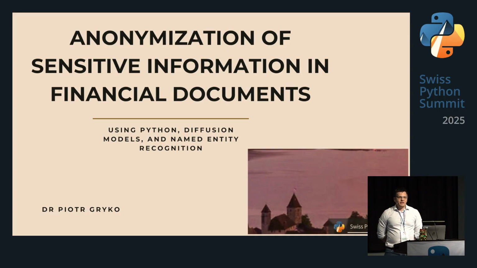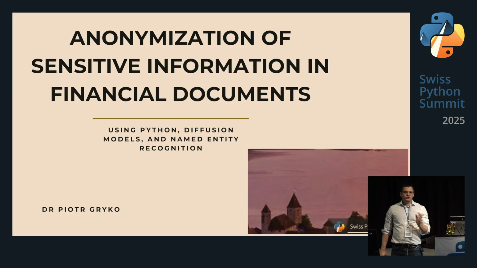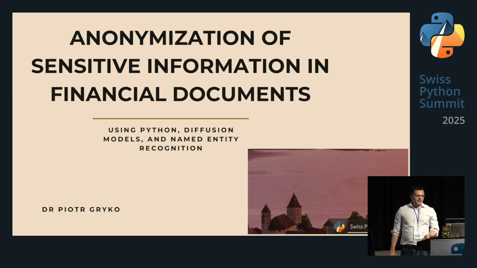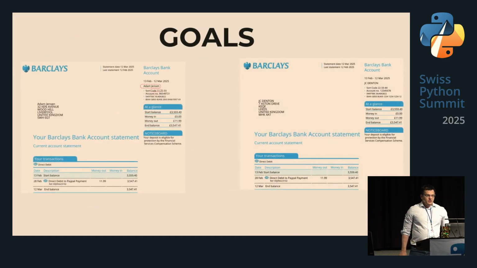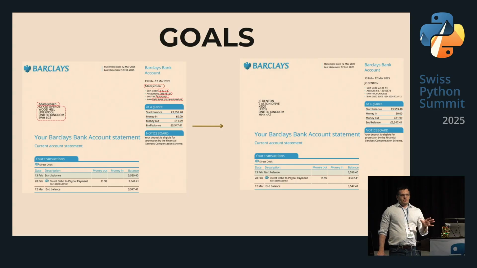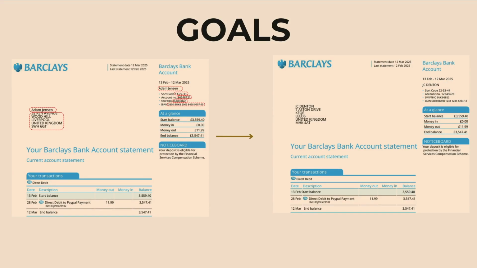I'll be talking about the anonymization of sensitive information in financial documents and medical documents, using Python, diffusion models, and named entity recognition. To keep it simple, what I'm going to talk about is how to get from that document to that document: identify what the PII is, specifically names, addresses, bank account details, and then remove them and replace them with synthetic analogs.